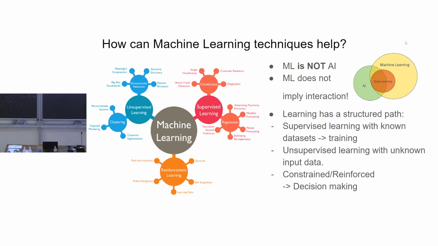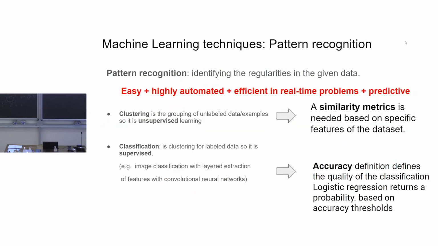So it's not AI, but it does not imply interaction necessarily, but we have this supervised, unsupervised, and constrained path, which is quite clear, at least in the theory of machine learning, and we can use it. So clearly, the first thing that I want to use is pattern recognition, because I want to recognize my structures.